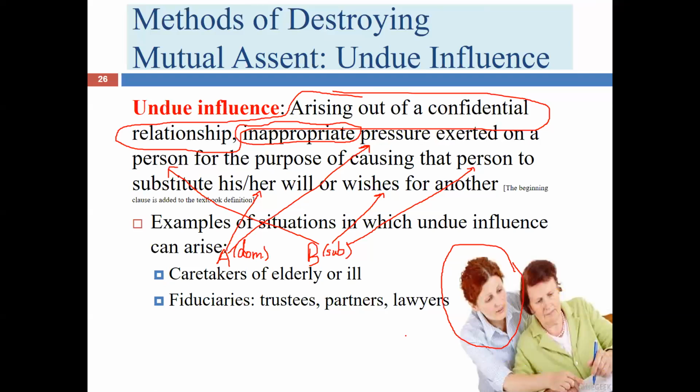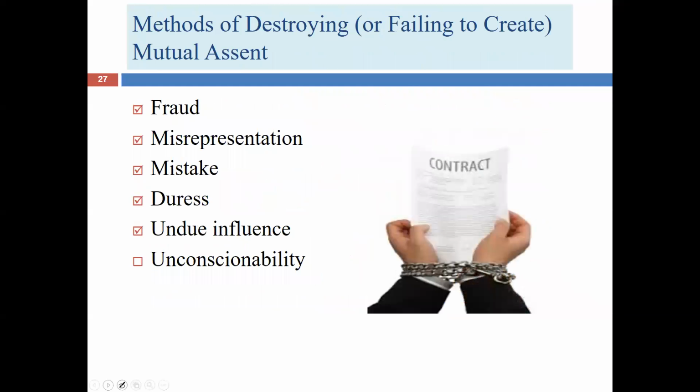And the children said, yeah, I think that's right. And she didn't pressure the woman and didn't mention it all the time. There could be ways that it could still be possible for there to be this business relationship, but it's something that has to be thought through very carefully. The part you want to avoid is the inappropriate pressure. So that is our discussion of undue influence.